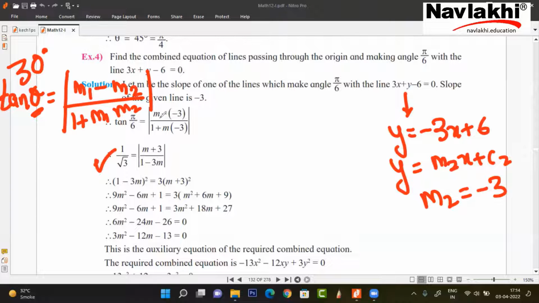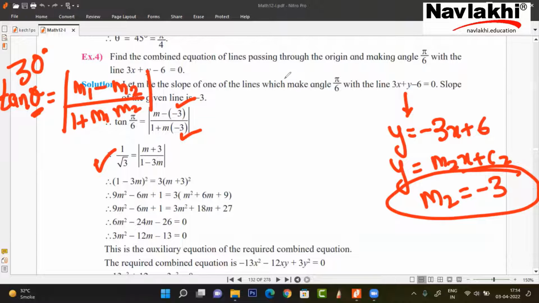Let's call m1, the slope of one of the lines, as m only, and m2, the line it is making 30 degrees with, whose slope you got as negative 3. So take m1 as m, take m2 as negative 3, and cross multiply.